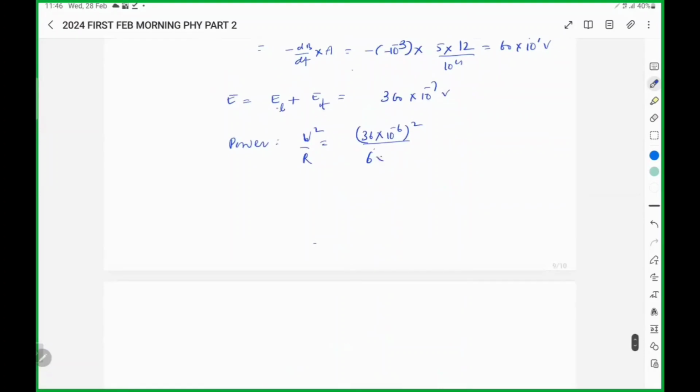I'll write it as 6 into 10 power minus 3, 36 into 10 power minus 12 by 6 into 10 power minus 3, which is 216 into 10 power minus 9 watts. So answer is 216.